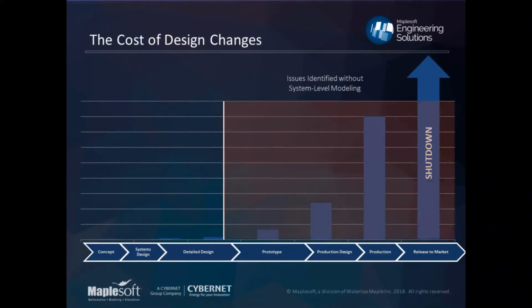So an example that might be familiar to people in general is cell phone battery explosions, those kinds of things that hit the big news, the type of thing that companies just don't want to see happen.